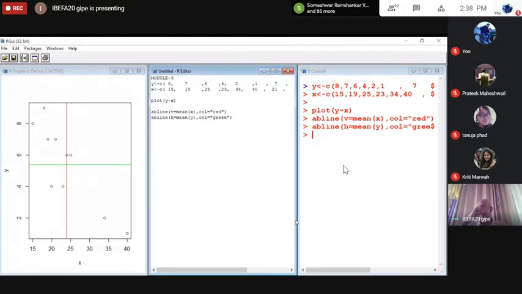The vertical line will be the mean of X. The horizontal line will be the mean of Y.